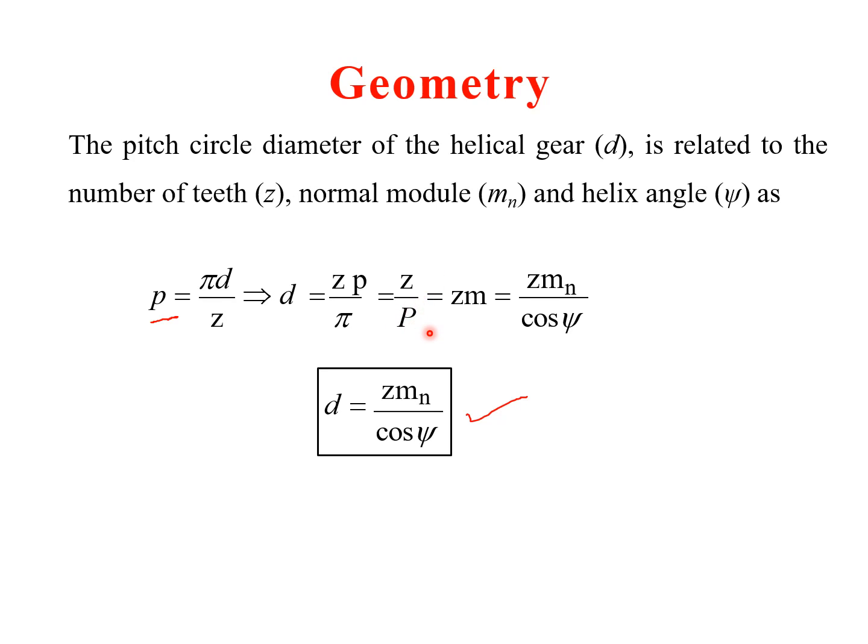So d is z by P. Now diametral pitch is inverse to the module, so it can be written as z m. Now this m can be substituted in terms of mn, using the relation mn is equal to m cos psi. So z mn upon cos psi. Simply, d is equal to z mn by cos psi. This is the formula for the pitch circle diameter of the helical gear.